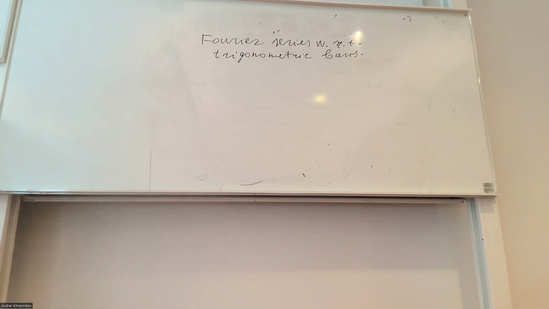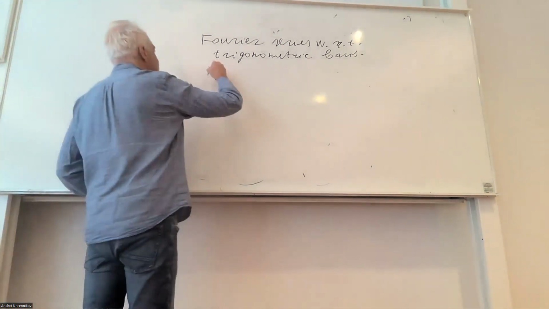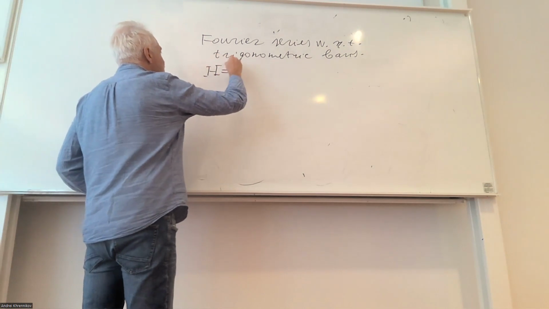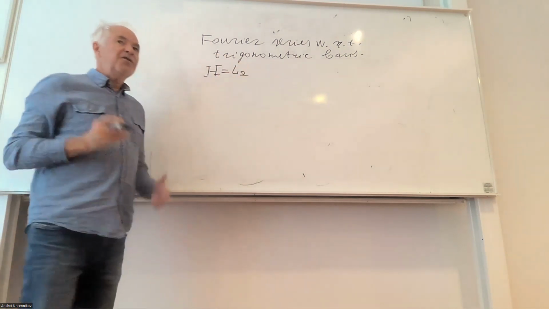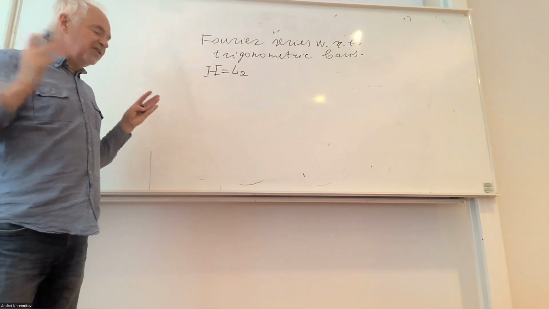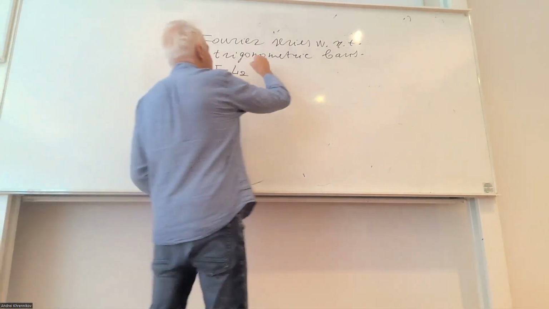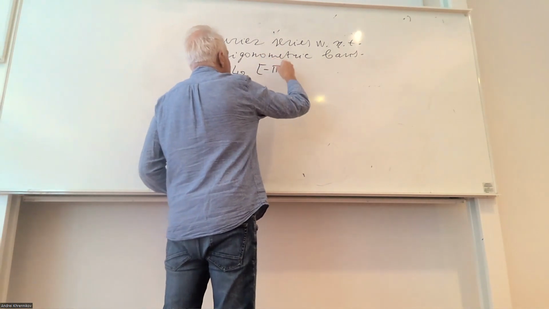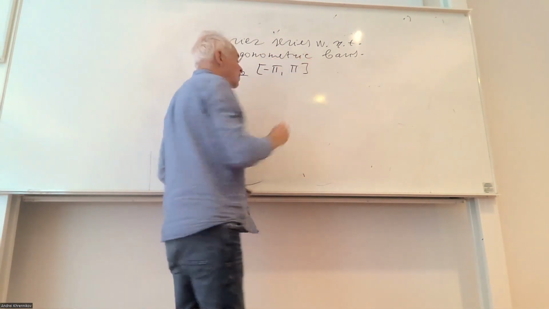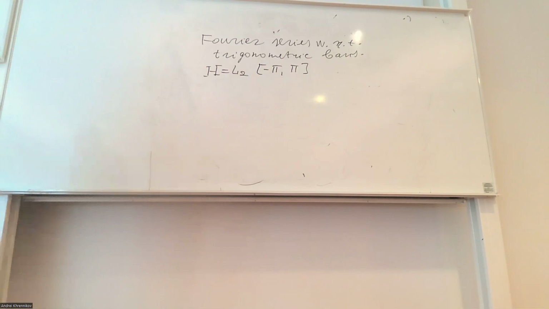Okay, so our Hilbert space H is L2, and at the beginning we can consider a concrete interval, but then we generalize to arbitrary, from minus pi to pi. Now we consider trigonometric functions, and they are well defined on a segment of length 2 pi.